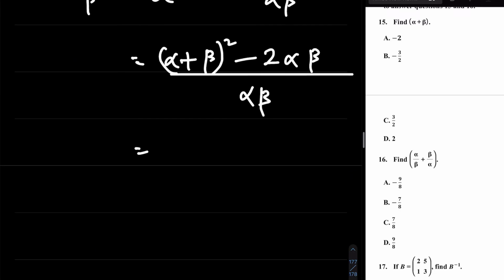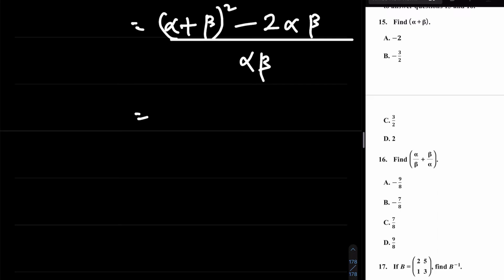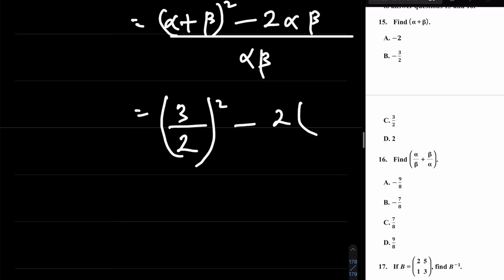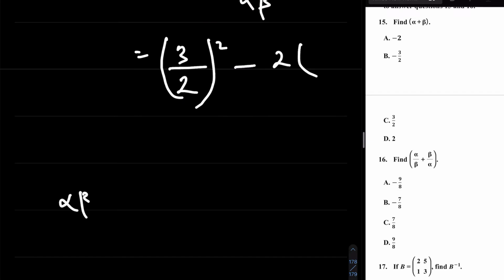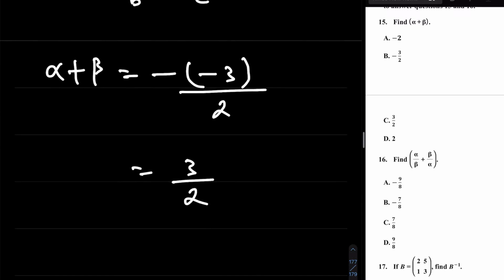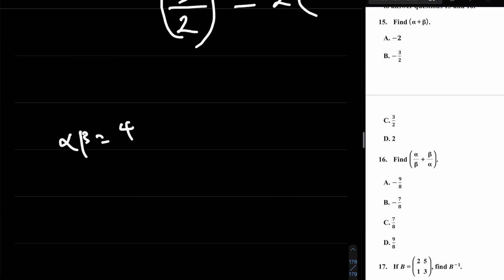Now this simply means alpha plus beta is 3 over 2. That means the square of 3 over 2 minus 2 times, what is alpha beta? Alpha beta is c over a, and we know that c is 4 while a is 2. So alpha beta equals 4 over 2, which is 2.